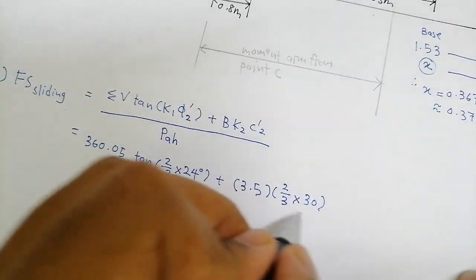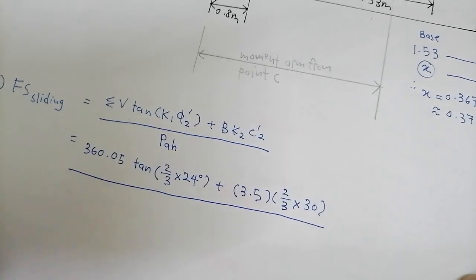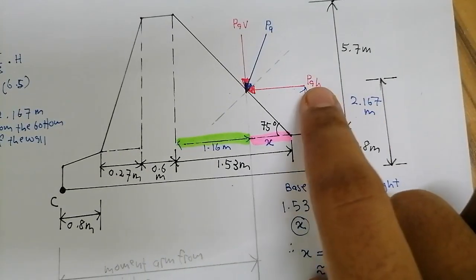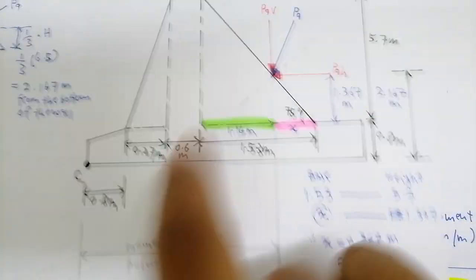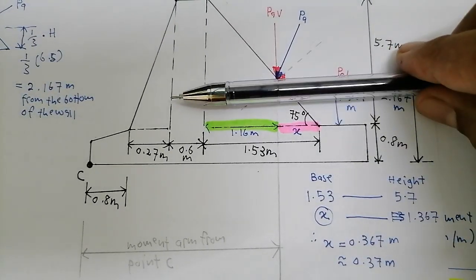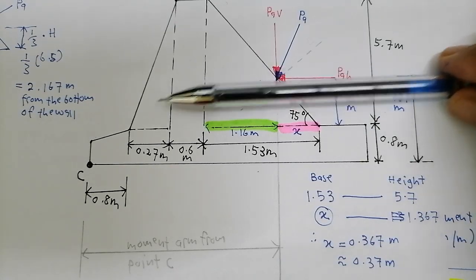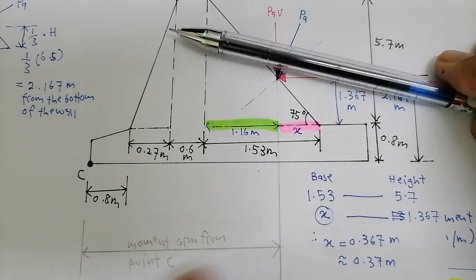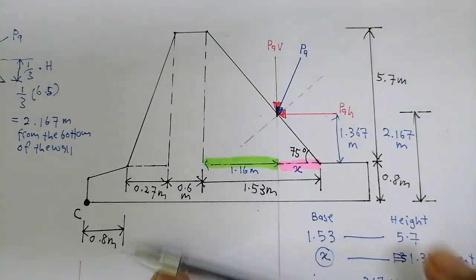All right, everything divided by PAH, because this is the force that is going to push our wall. If the force is big enough, this force might cause your whole retaining wall to slide along the base.